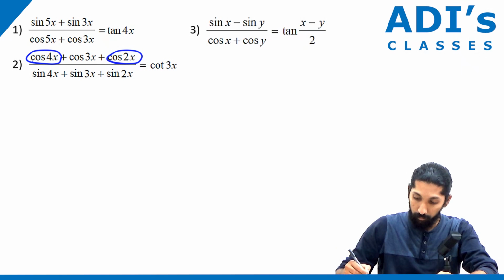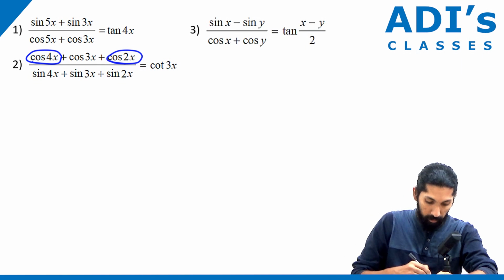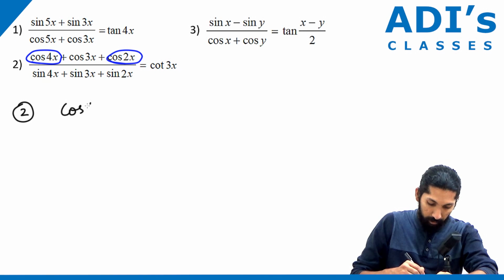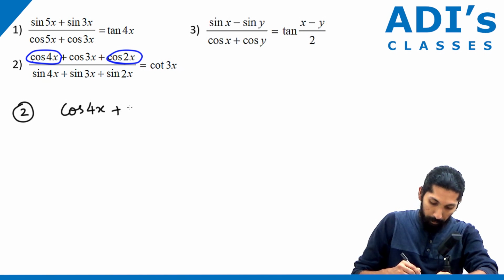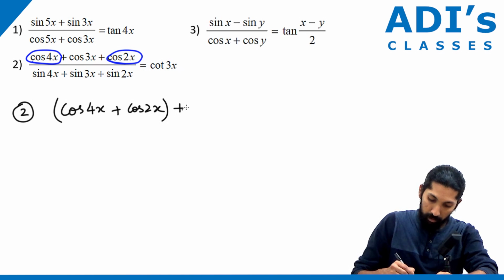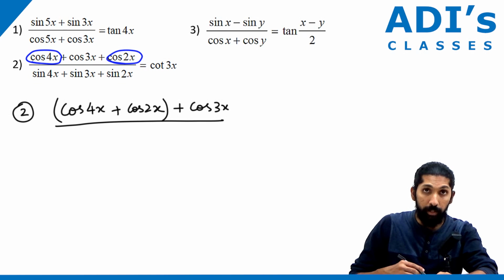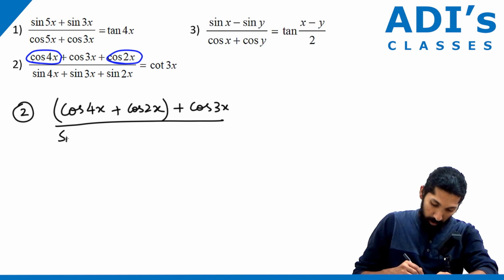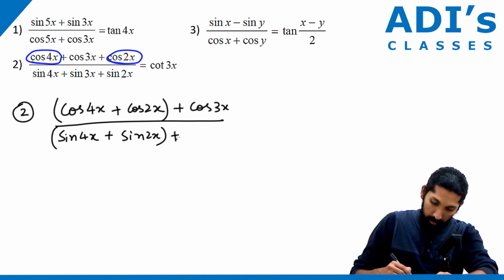Fair enough? Anyway, now see for the second one, we will take cos 4x plus cos 2x together plus cos 3x, and do the same thing in the denominator also: sin 4x plus sin 2x plus sin 3x.